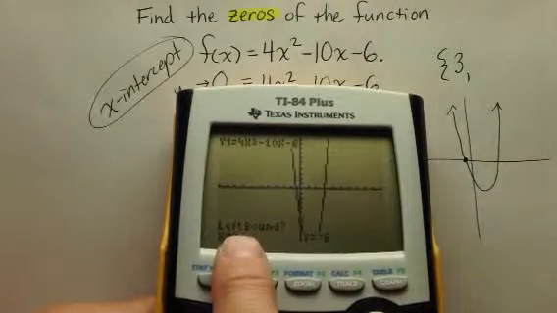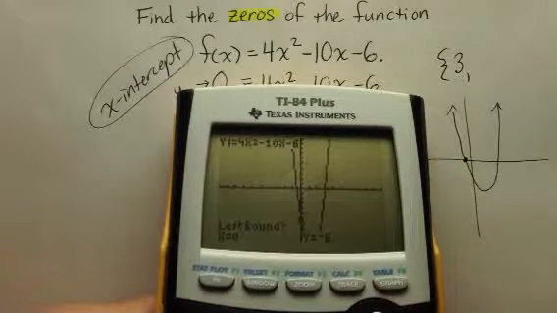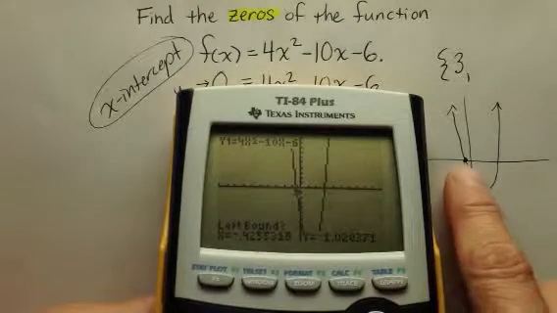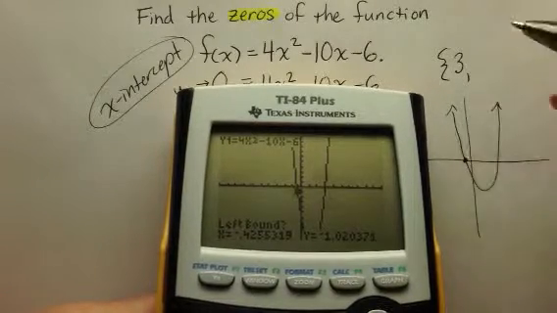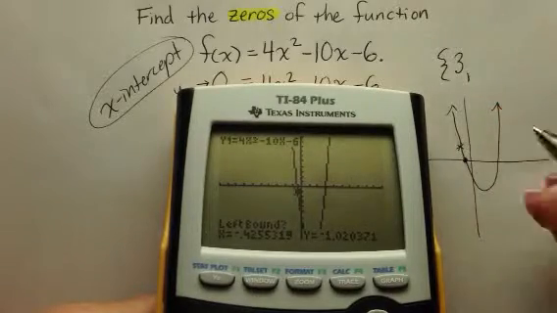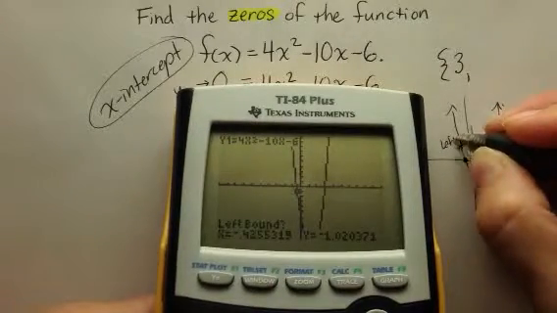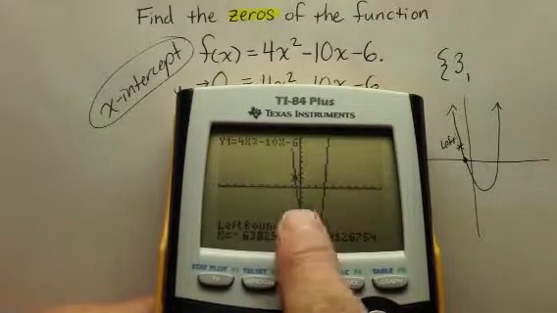The first question is left bound, and we see this blinking little cursor here. I'm going to move to the left until I'm to the left of this point. Because this is going up and out, as soon as we cross the x-axis, we're left of it. I'm still below it, so I'll go left some more, and now I'm above it.